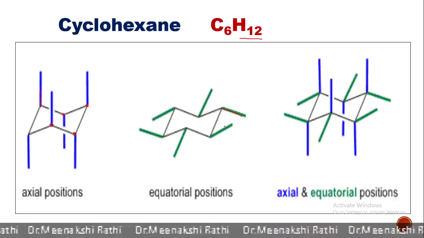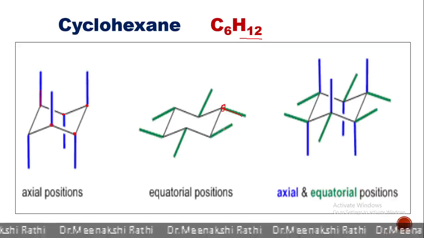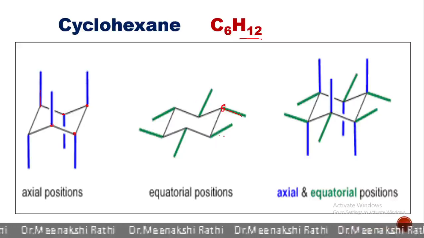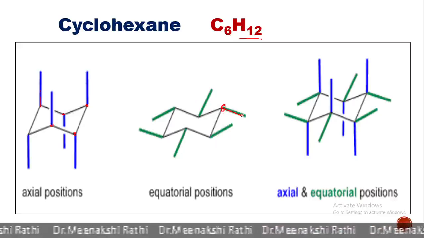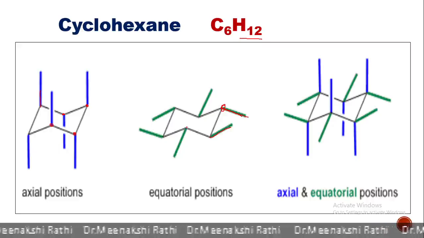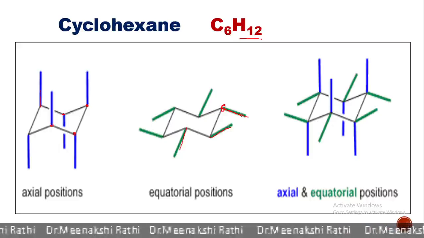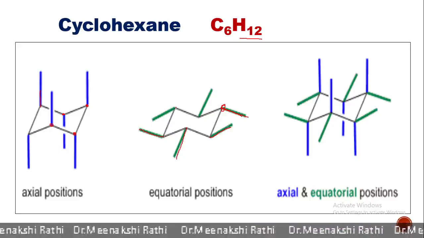You can see here, at first carbon atom, all these 6 hydrogen atoms which are shown in green color, at first, this is below the plane, but at second it is above the plane. At third carbon atom, the equatorial hydrogen is below the plane, but at fourth it is above the plane.